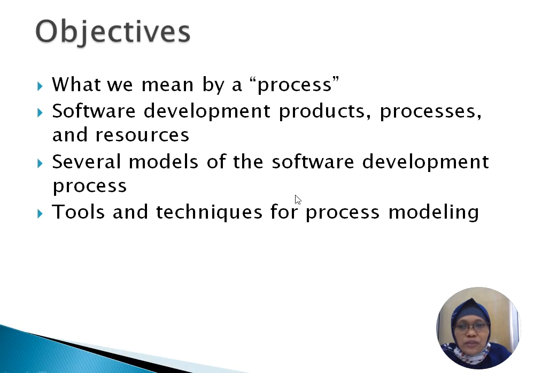The first thing we need to know about the software development process is the objective. What is the objective we learn about the software development process? The first one, we must know what the process is. The process here is like software development products, processes, and resources.